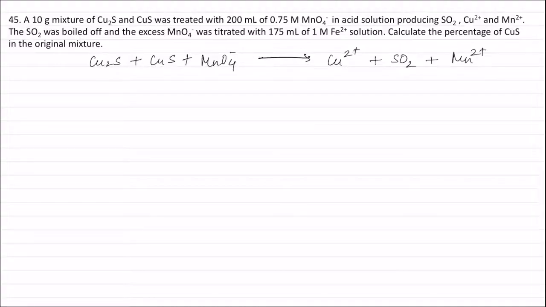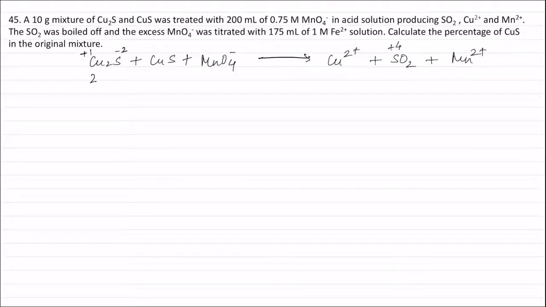In Cu2S, the oxidation number of copper is +1, sulfur is -2. When this Cu2S changes to Cu2+, the oxidation number of each copper atom changes by 1. Therefore, oxidation number of two copper atoms will change by 2, and oxidation number of sulfur changes from -2 to +4 in SO2.